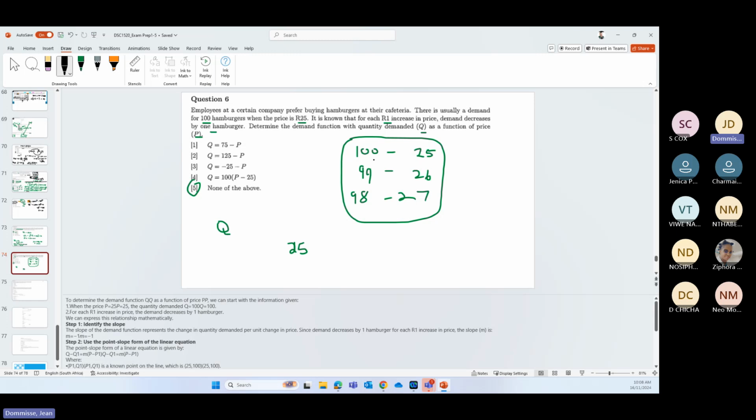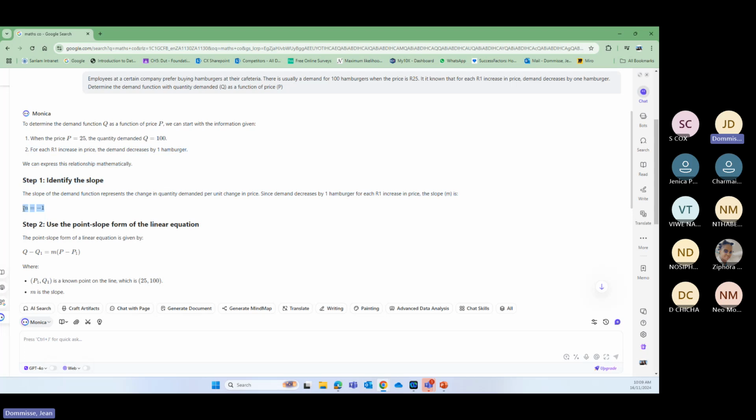So we would have said 100 minus 99 is 1, 25 minus that is minus 1. So our slope would have been minus 1. So slope is minus 1.